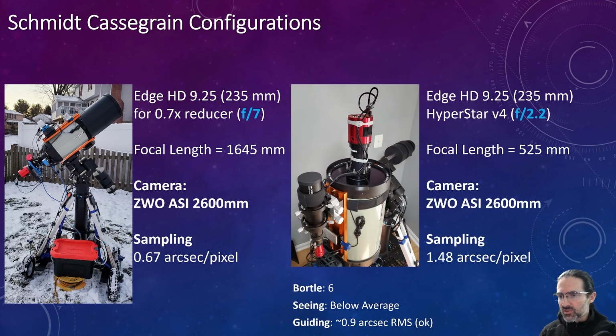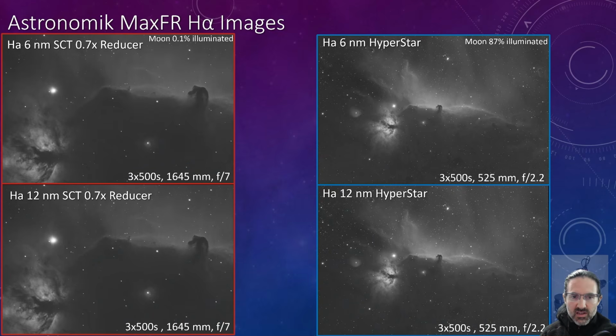I also have the HyperStar attachment that lets me shoot at a focal ratio of f2.2. These two setups really test the different bounds for the dichroic interference filters and how they're going to behave. So let's take a look at the big picture results.